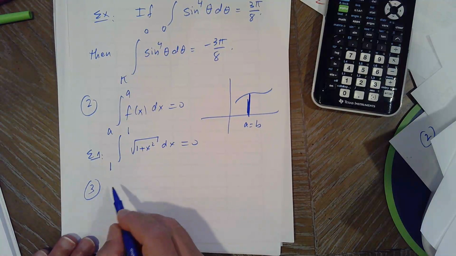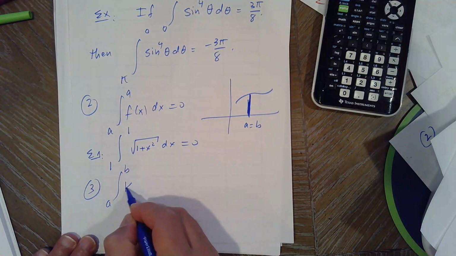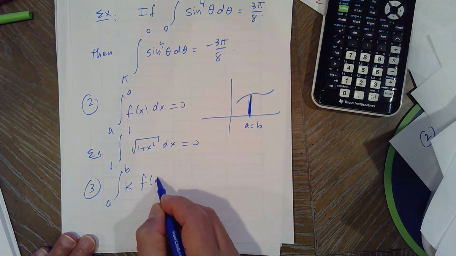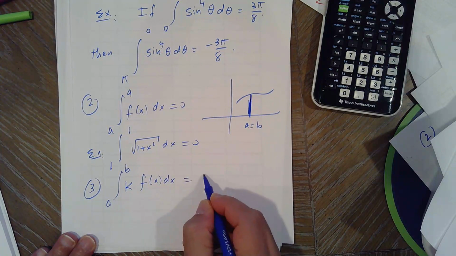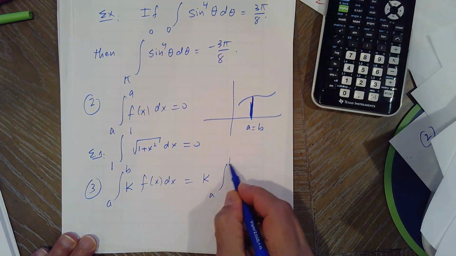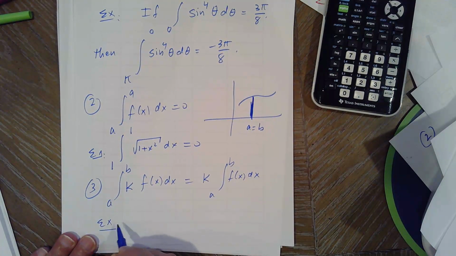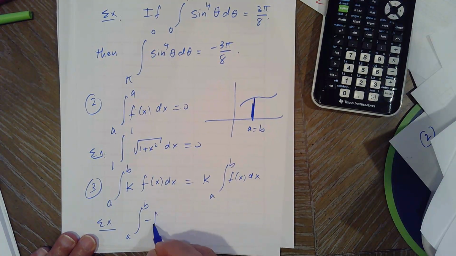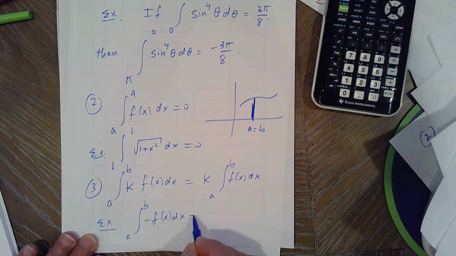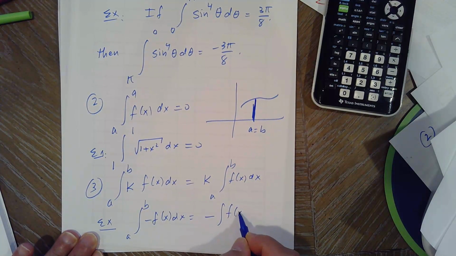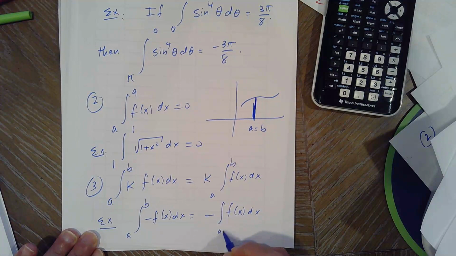Just like Riemann sums, if you have a constant inside, then you can pull the constant out. So for example, if you're doing the integral from a to b of negative f of x dx, you can pull the negative out as well, because negative 1 is a constant.